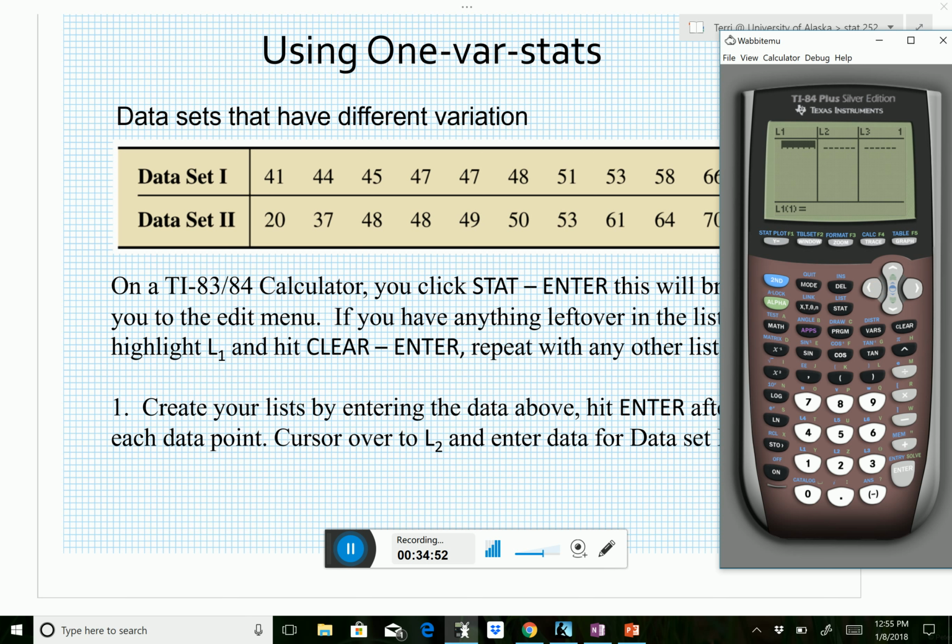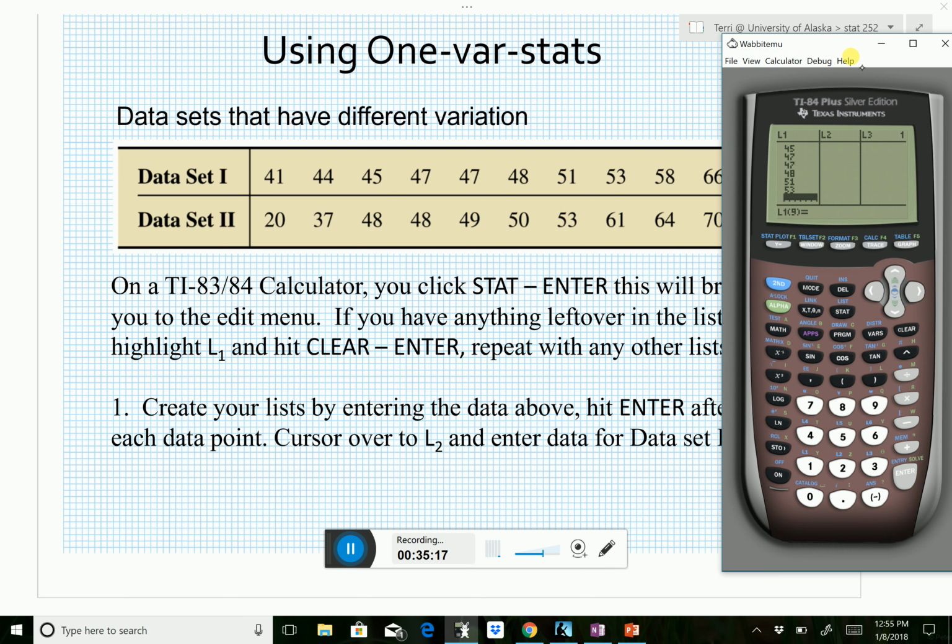Now I'm going to put this data into list 1. This first set of data, 41, 44, 45, 47, 47. Oops, my 47 didn't get in there. 48, 51, 53, 66 is the last one.